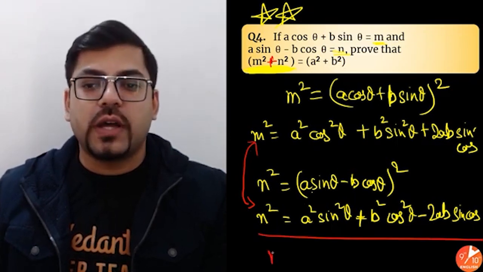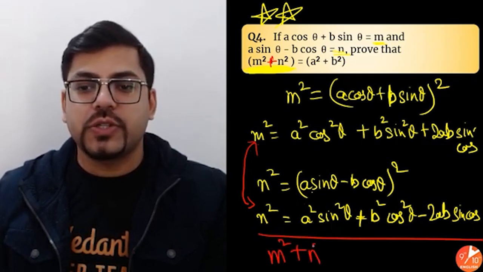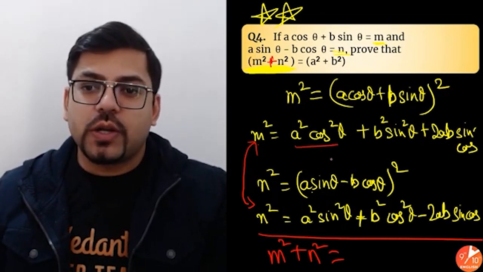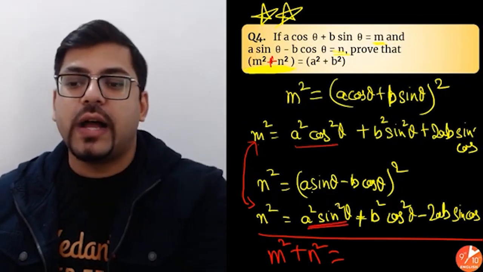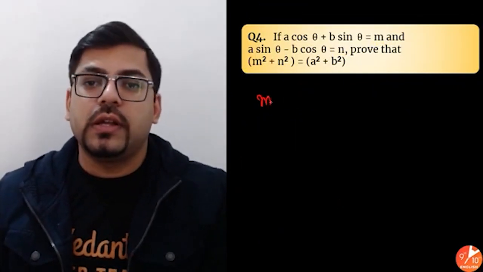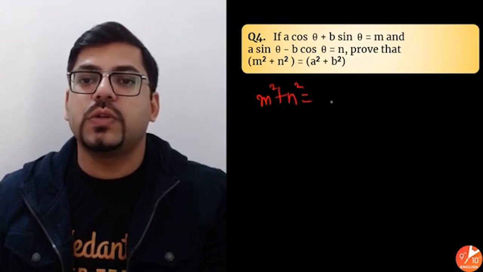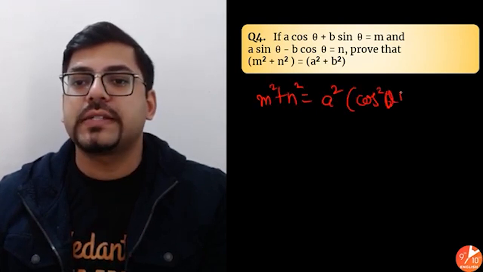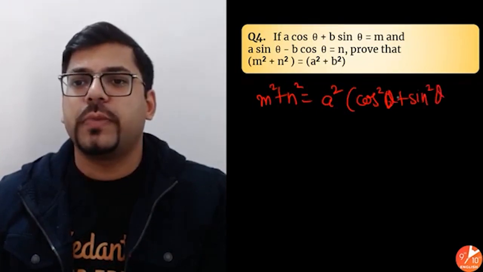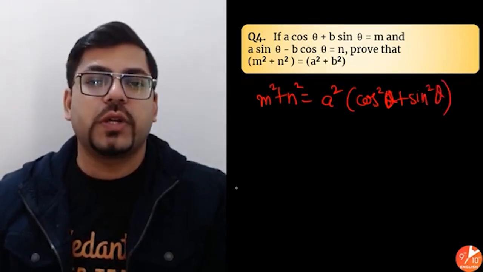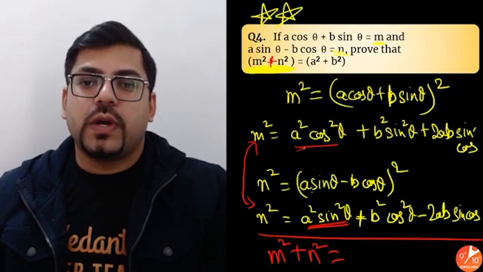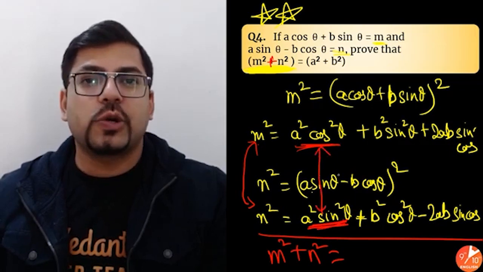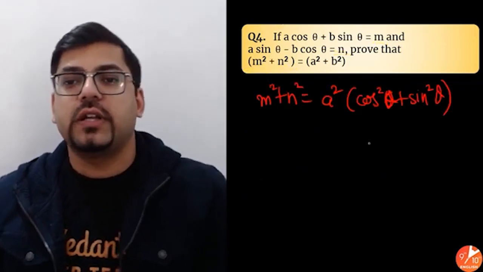If you add m square plus n square, I am very sure you have a square cos square and a square sin square. So m square plus n square equals a square taken out common, and you will have cos square theta plus sin square theta.